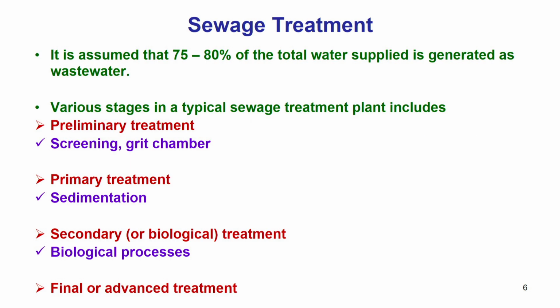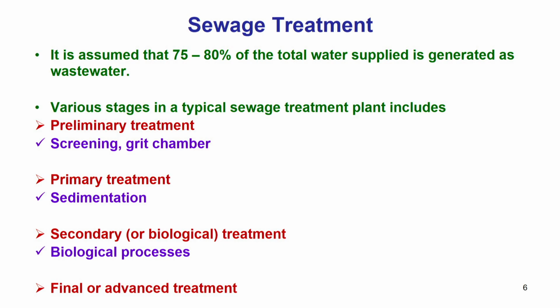Now it is assumed that around 75 to 80% of the total water supplied appears as wastewater or sewage. So this is a thumb rule. If we know the water supply in a city, then we can predict the amount of wastewater which is going to be generated.